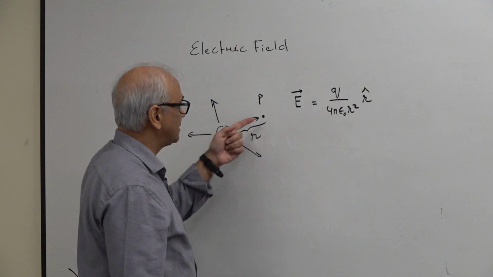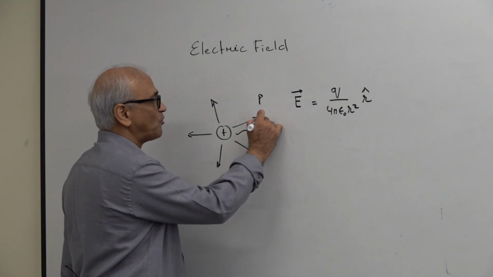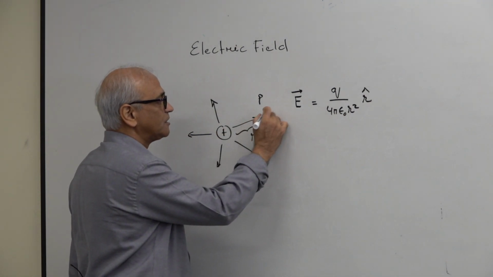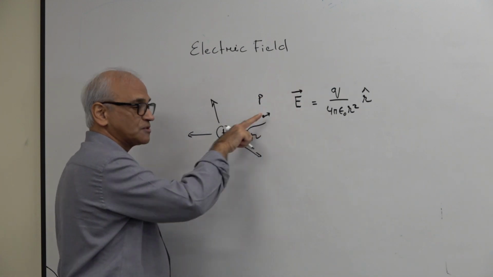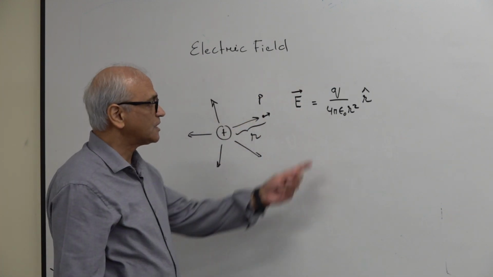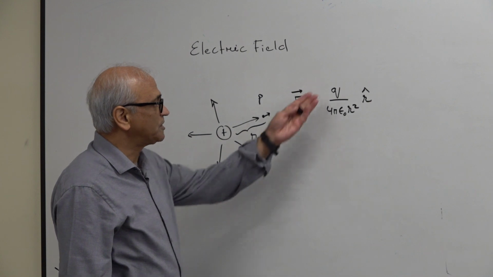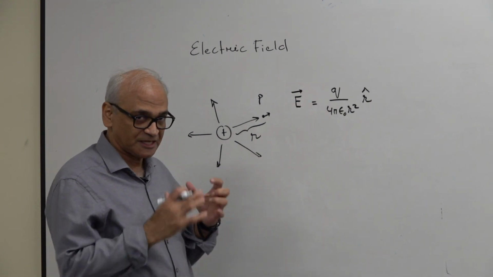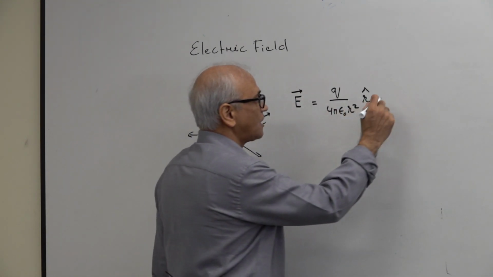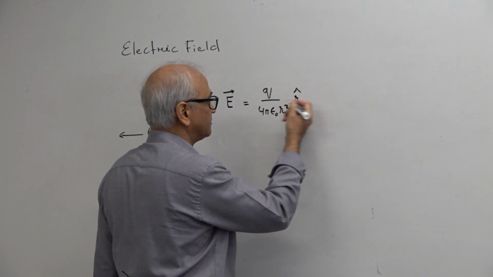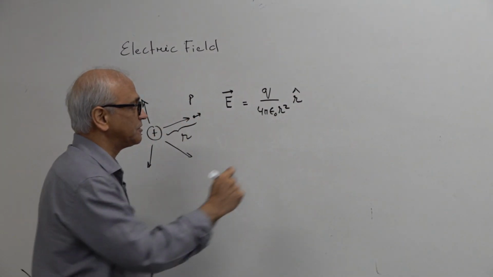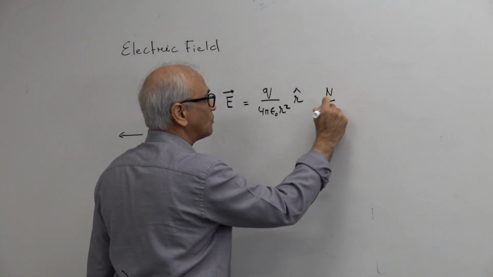Basically, it says that the direction of the electric field at point P is towards the R direction. So we take the charge, divide by R squared. That's the main thing. And our unit here is simply Newton over Coulomb.